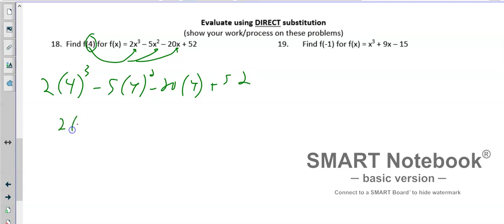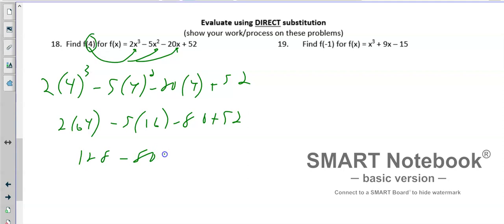So that gives us 2 times 64 minus 5 times 16 minus 80 plus 52. That's 128 minus 80 again plus 52, which gives us 20.